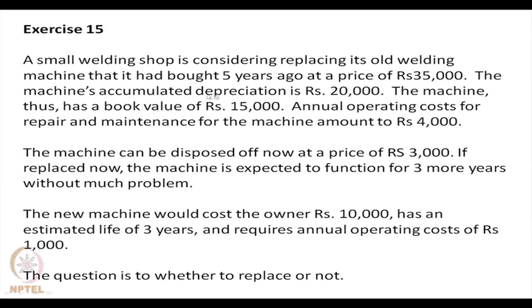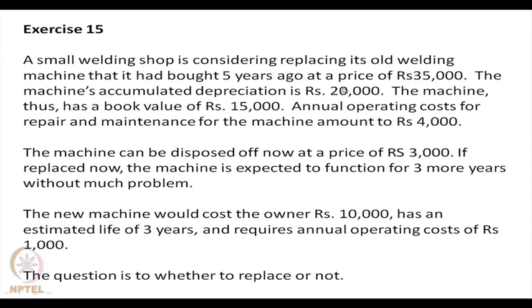The machine's accumulated depreciation is rupees 20,000. The machine thus has a book value of rupees 15,000, 35,000 was the purchase price, and in the last 5 years depreciation was accumulated as rupees 20,000.